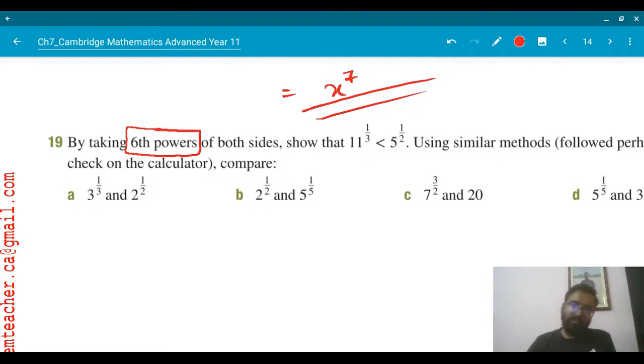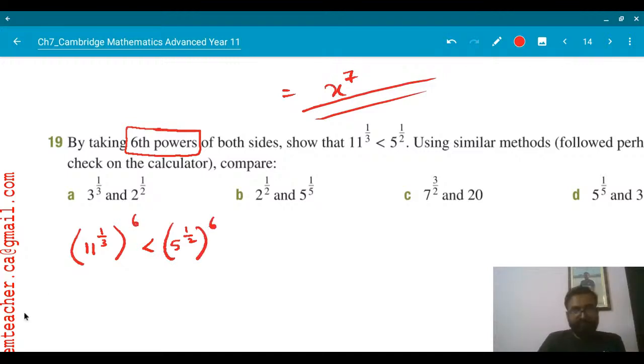Why did he say sixth power? That is the LCM of 3 and 2. Okay, so here it is 11 power 1 by 3. Take whole power 6 on both sides. What happens? The denominator in the power will be removed.